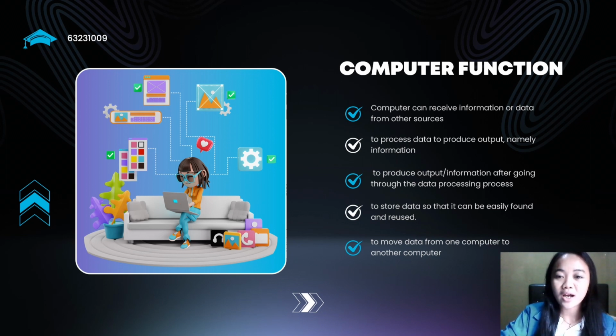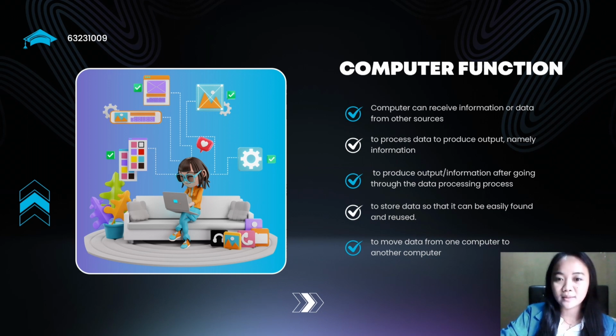Data output. Computer produces an output in the form of information after going through the data processing process. 4. Data storage. Computer can also store data. 5. Data movement. Computers are also used to move data from one computer to another.